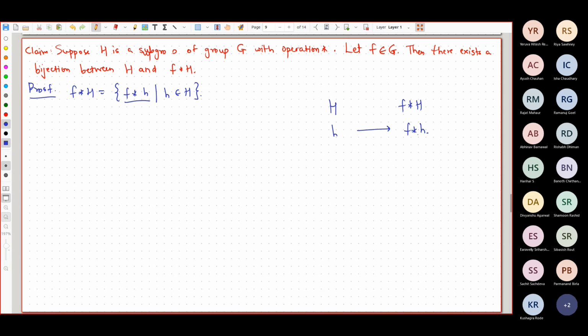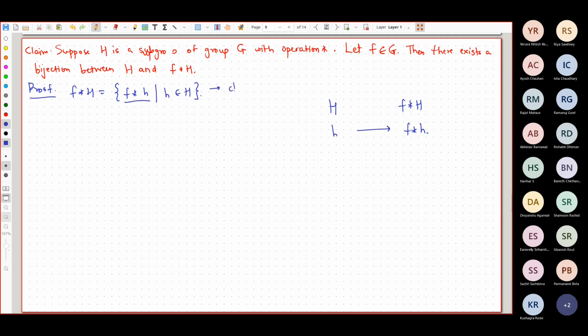It should be clear that this function is a surjection. Why? Because if something is in the set f star H, the only reason it can be in f star H is because it is of the form f star little h for some little h in capital H. So that little h is going to get mapped to f star h.